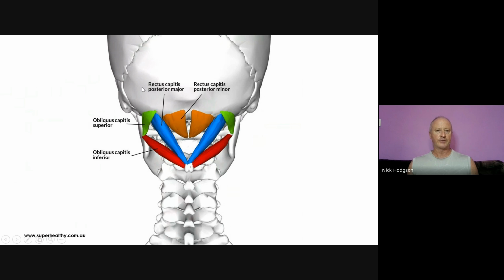The rectus capitis posterior major, so it's a longer muscle, hence being called the major, comes from the spinous process of C2 to the inferior nuchal line, lateral to the rectus capitis posterior minor. Then we have that bottom part of the suboccipital triangle, the obliquus capitis inferior, coming from the C2 spinous process to the transverse process of the atlas.